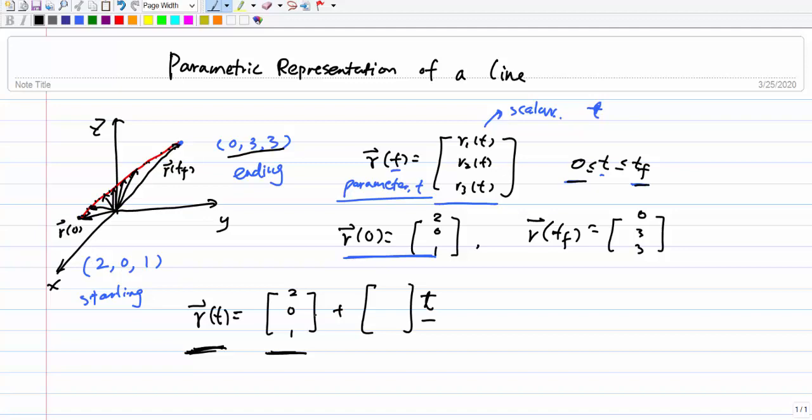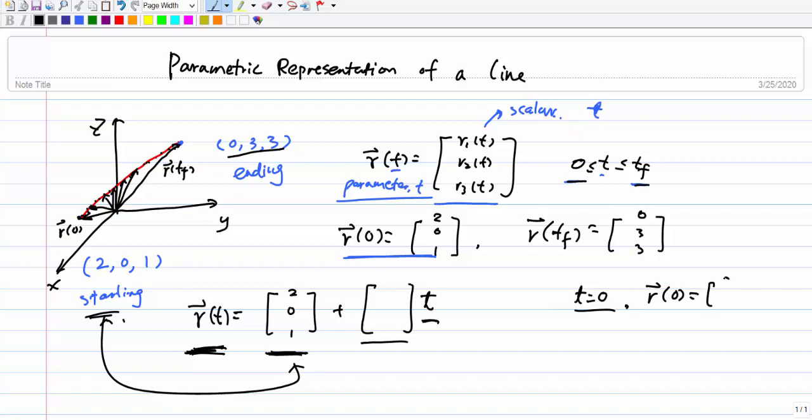So a simple way to think about this is to write it as my starting point, and then put something times t. The reason I do it this way is that if t is 0, naturally r(0) is (2, 1, 0), no matter what value I put over here, which satisfies what I want to achieve.